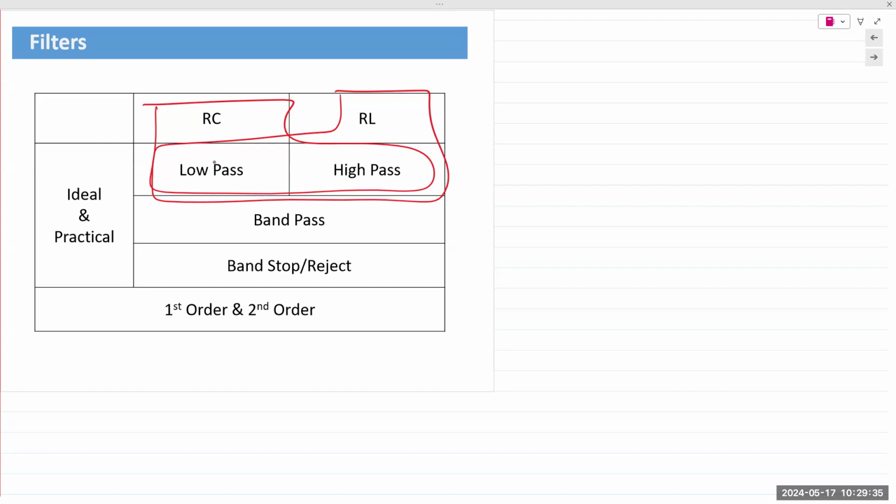If you have one energy storage component in your circuit, you require a first order differential equation to solve for the quantities. Hence, we refer to it as a first order circuit. Same thing with the filters. If you have one energy storage element, meaning one inductor or one capacitor, then it's a first order filter. If you have more than one, second order, third order, fourth order, and so on.